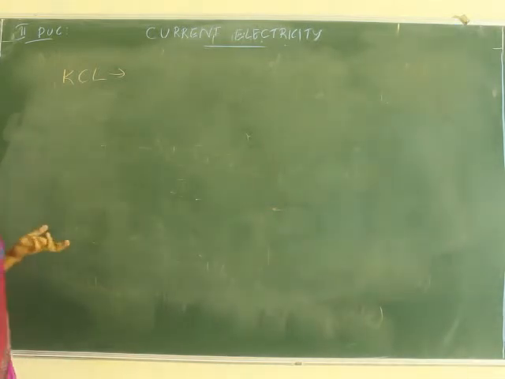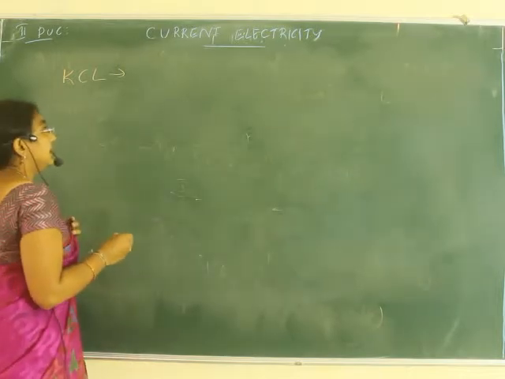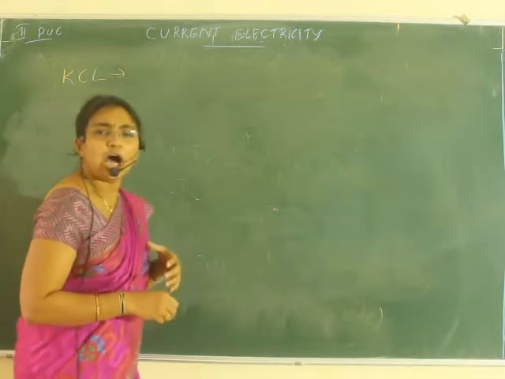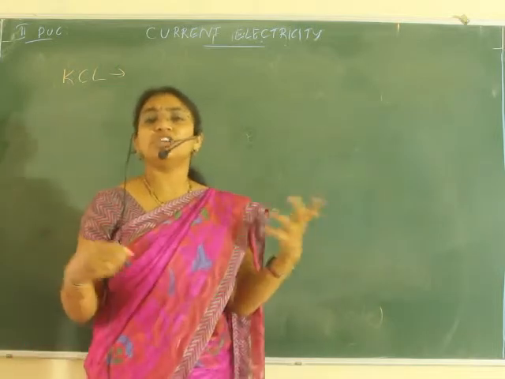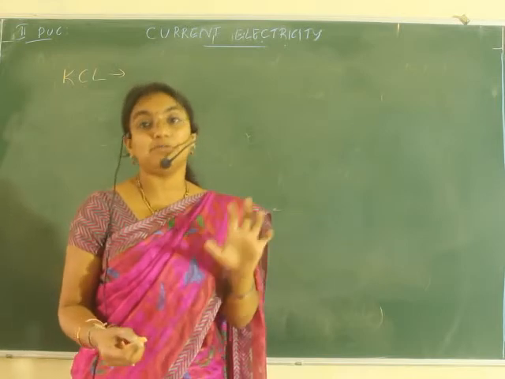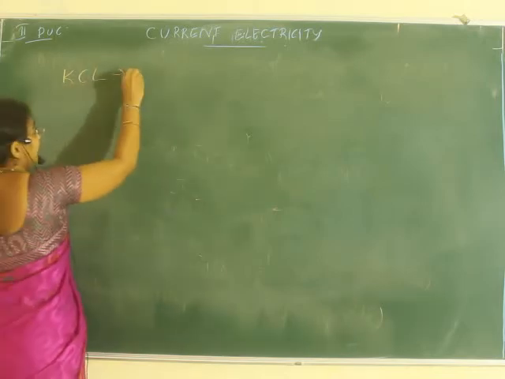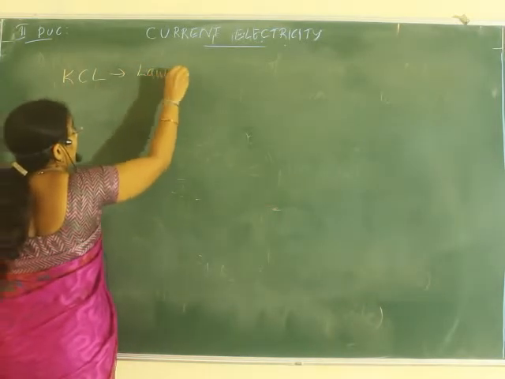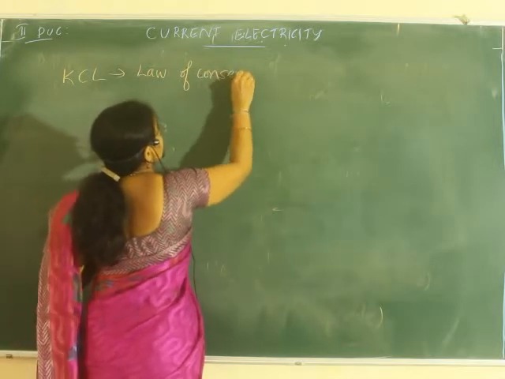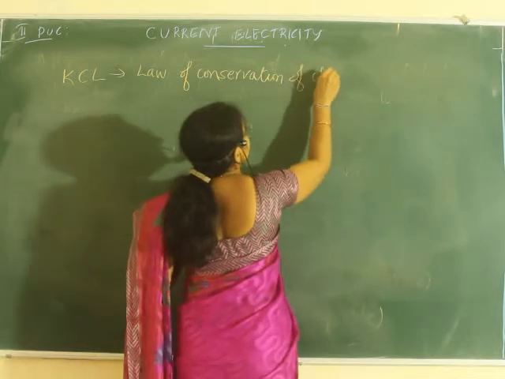So this KCL law signifies the law of conservation of charges. How much charge enters, so much charge will go out. There, no new charge is created, or destroyed. So KCL signifies law of conservation of charges.